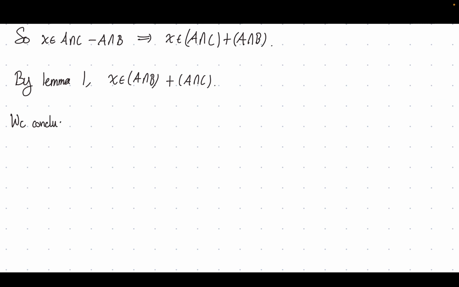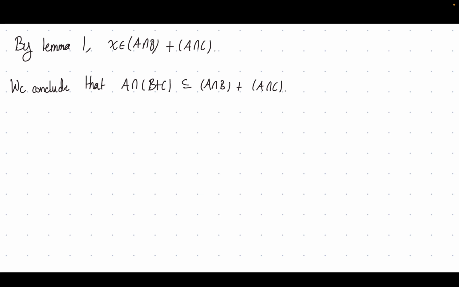We conclude that A intersect B plus C is a subset of A intersect B plus A intersect C. Okay, and now part 2, as usual, is to show the reverse. So A intersect B plus A intersect C is a subset of A intersect B plus C.